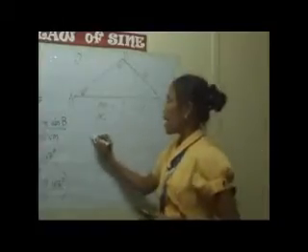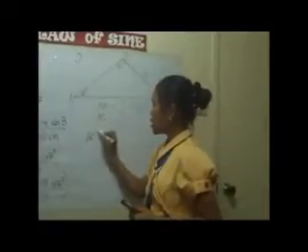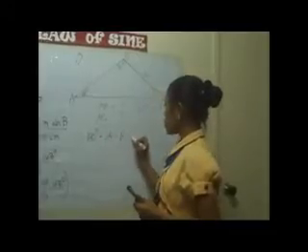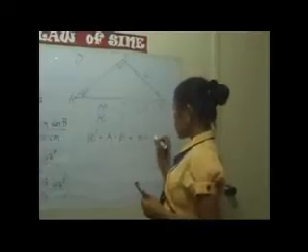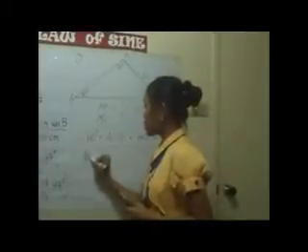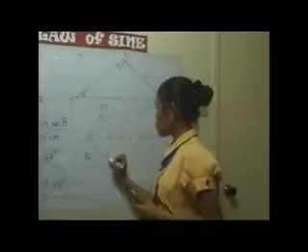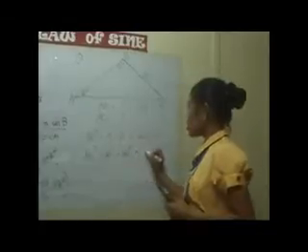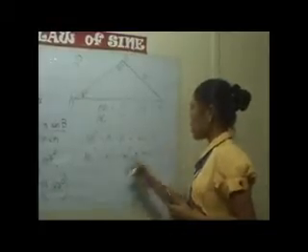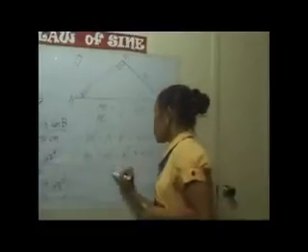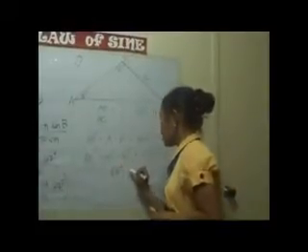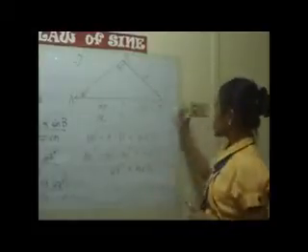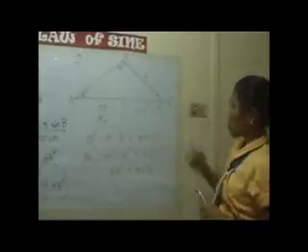So we will have 180 degrees minus A minus B is equal to the measurement of angle C. So 180 degrees minus 42 degrees minus 70 degrees is equal to the measurement of angle C. So 180 minus 42 minus 70, we have 68 degrees. So that will be the measurement of our angle C. So we already have the measurement of angle C.